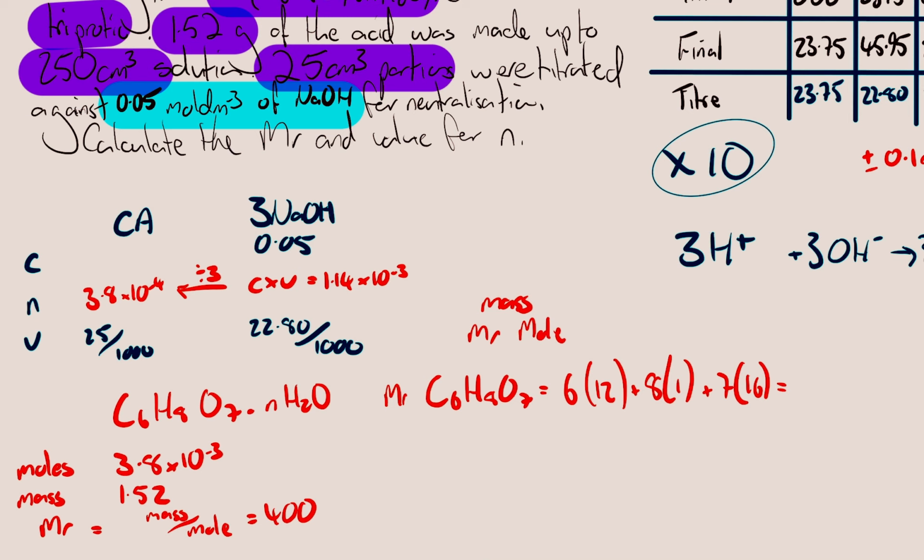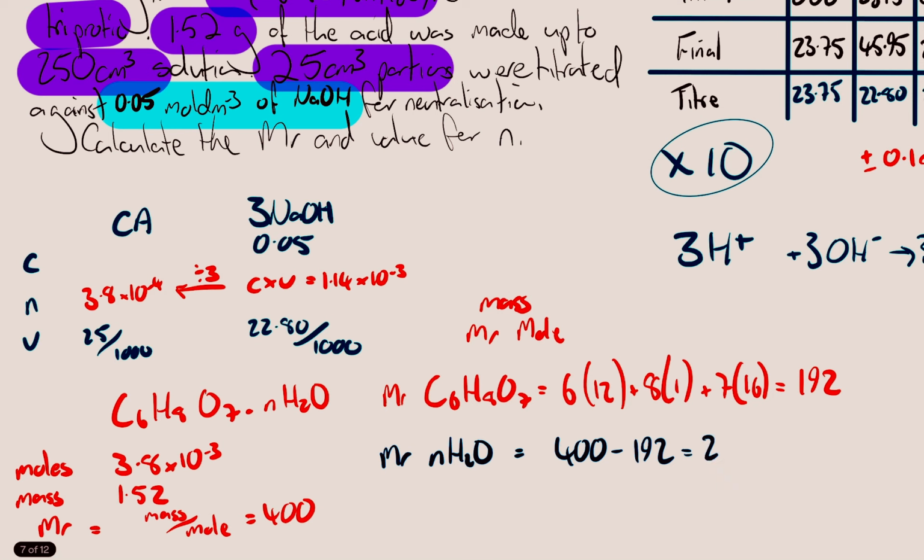Add those numbers all up, we get to 192. So, of our 400, 192 of that is from our C6H8O7. So NH2O Mr is going to be equal to 400 minus 192, which is 208.